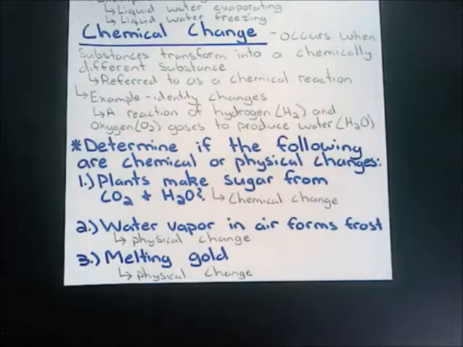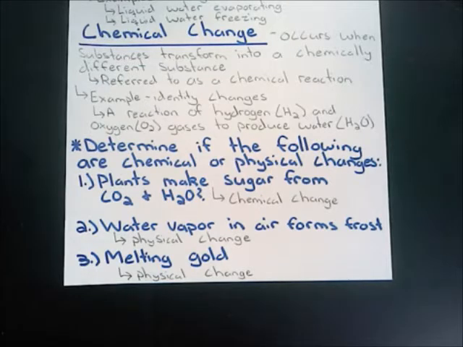Okay, so now that we have identified some differences in chemical and physical change, again, physical is not going to alter the substance at all, and chemical change is going to transform it into a different substance. Just to clarify, physical is going to change without altering the physical appearance.